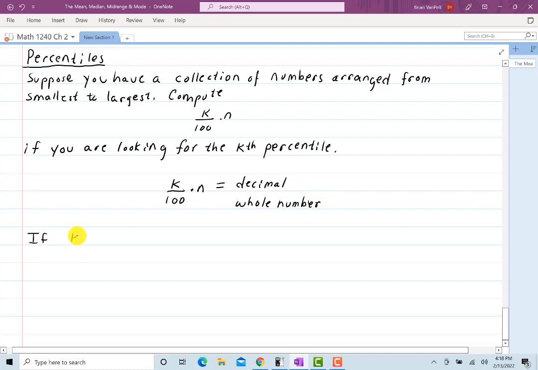If K over 100 times n is a decimal, round up to the next number in the list.